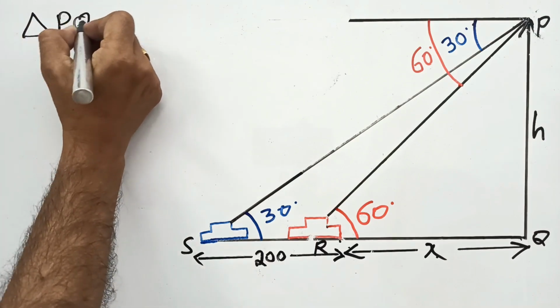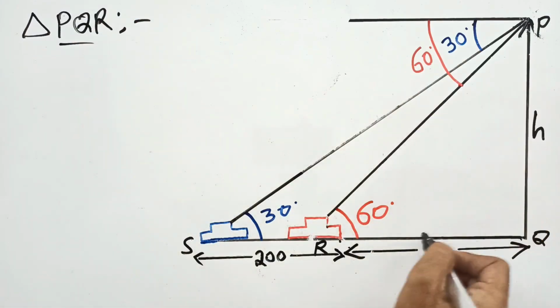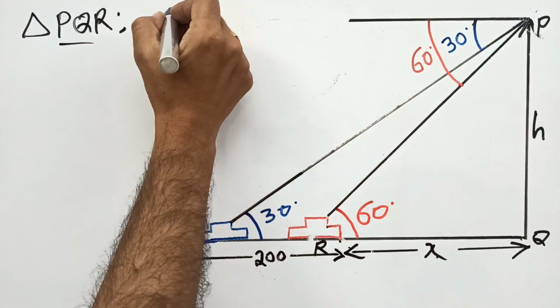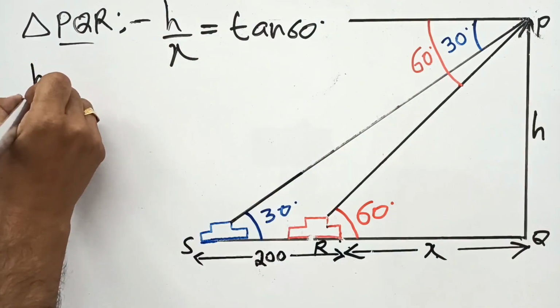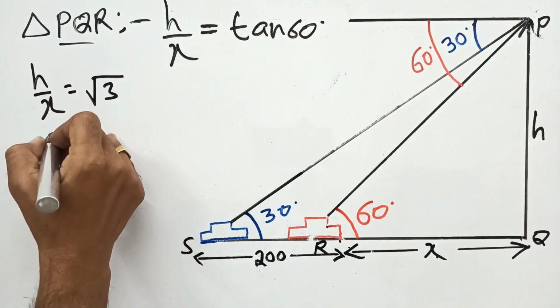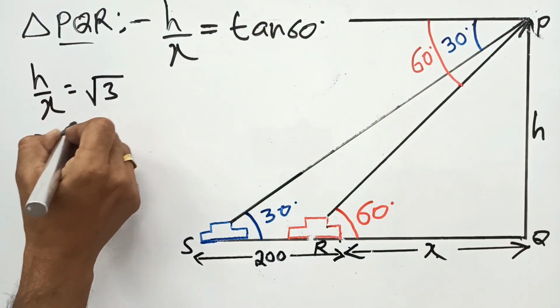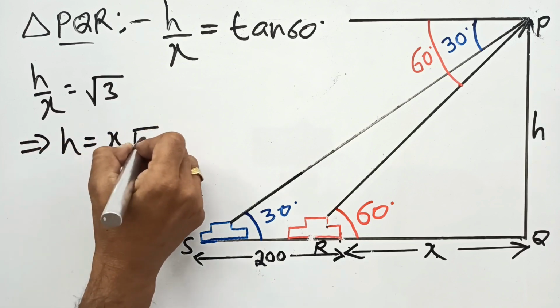In the smaller triangle PQR, see, h upon x is tan 60 degree. The tan 60 value is root 3. So h is equal to x root 3.